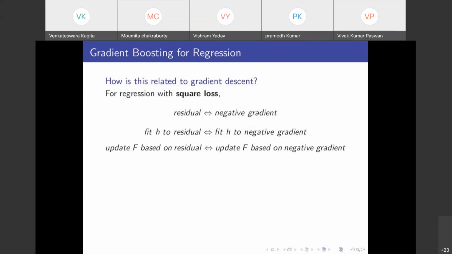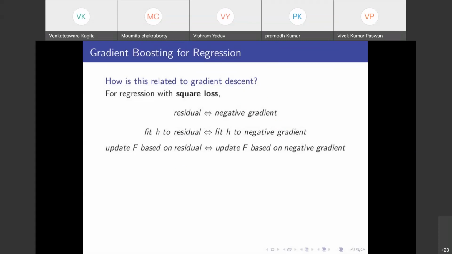Fitting h to the residual is equivalent to fitting h to the negative gradient, and updating f based on the residual is equivalent to updating f based on the negative gradient. That is why we are calling this gradient descent. It is gradient descent plus boosting. Right?